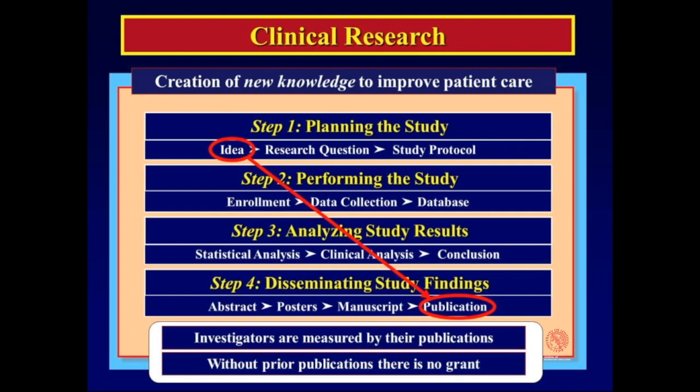You can be in any university all over the universe, it doesn't matter what you're doing. If you don't have publications, you're not going to get promoted. Doesn't matter what percentage you're doing or this or that. Publication has to be in your CV. And the other challenge is that without prior publication, there is no grant. Then, I have this idea, I want to apply for this grant to study this or that.